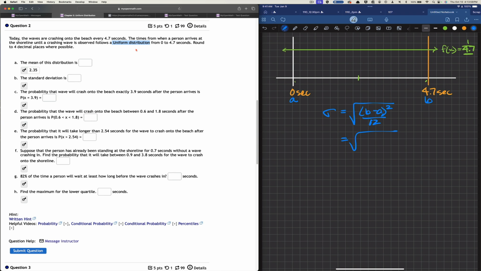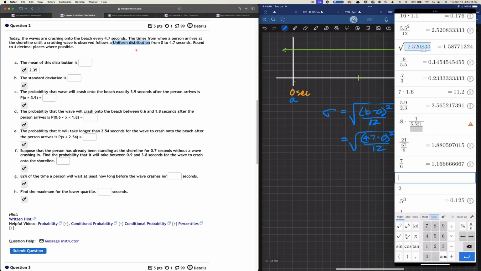So b, 4.7, minus a, 0, squared, divided by 12. That's going to be the square root of 4.7 squared divided by 12. And we're going to have to put that in our calculator, which is the square root of 4.7 squared, all that divided by 12.